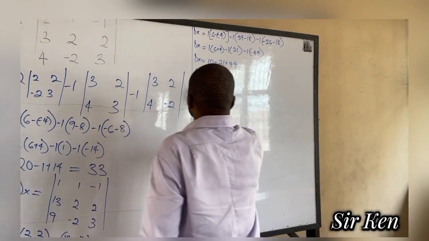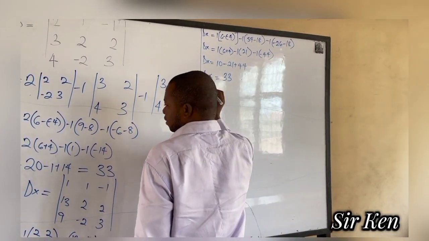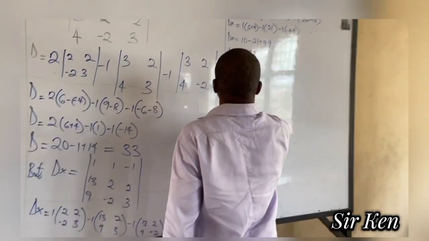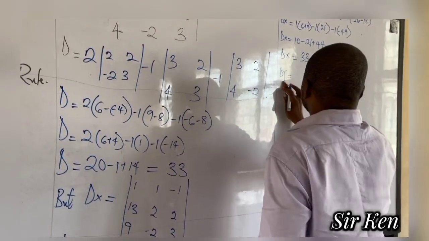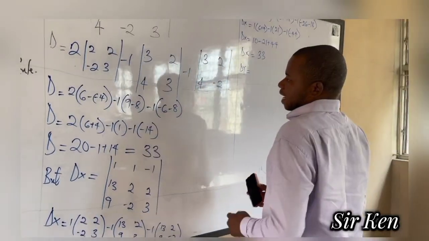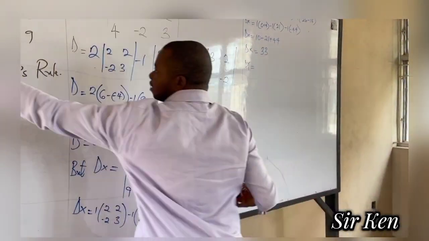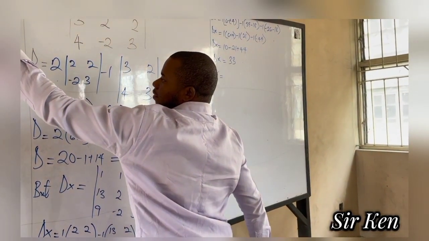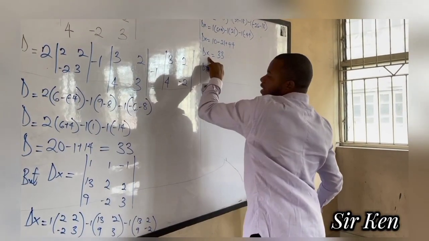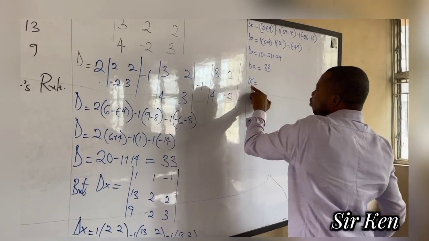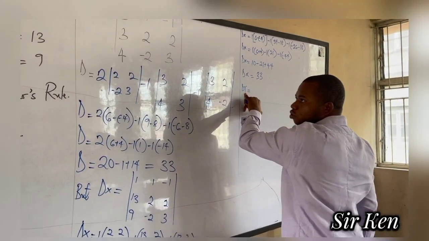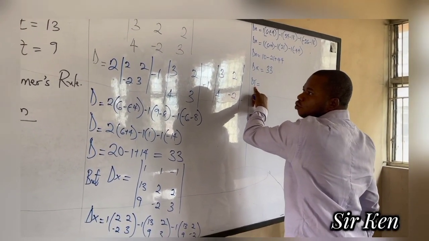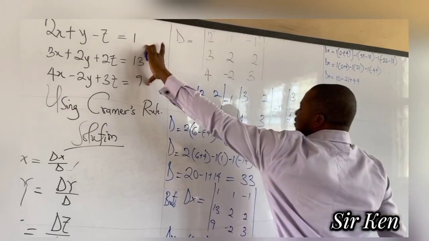So we go on to get our dy. Now, coming to the y, just like I did, I substituted the coefficient of x for the constant when looking for the x. So now when looking for the y, we're going to substitute the coefficient of y for the constant here.